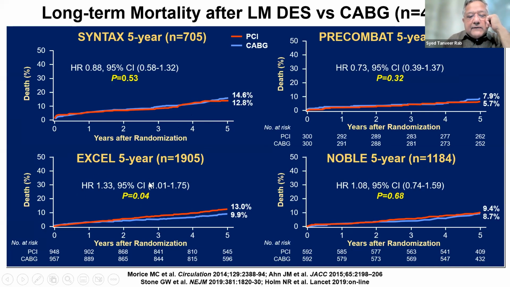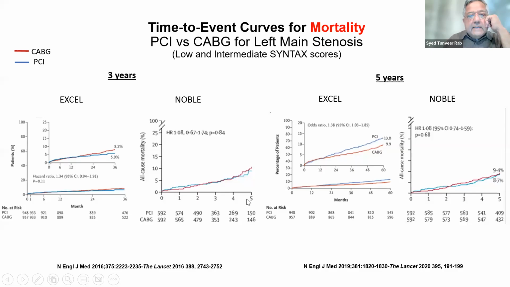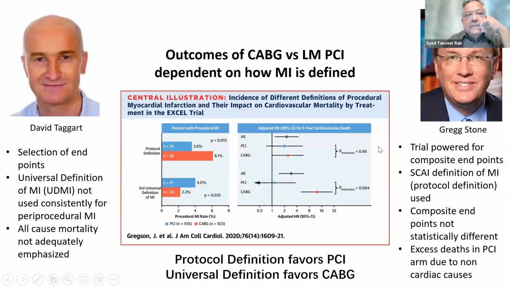But for EXCEL at 5 years, a divergence started to take place where surgery appeared to be better than PCI. The time-to-event curve for mortality at 5 years again showed a divergence, not early on in EXCEL, at 3 years, but EXCEL was the outlier, with PCI having more mortality than CABG.